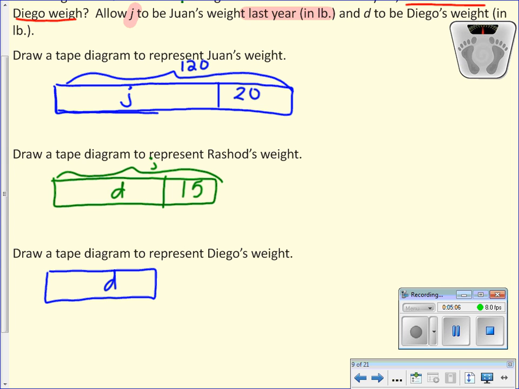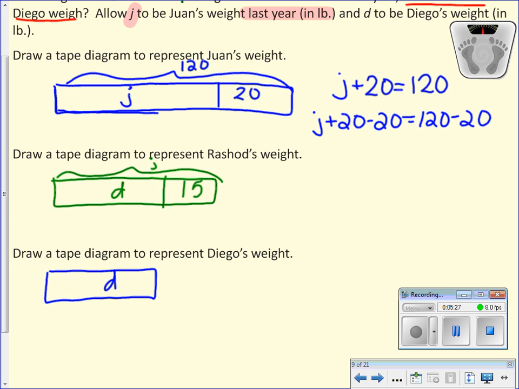Yeah, what would that be? What equals what? J plus 20 equals. Perfect.